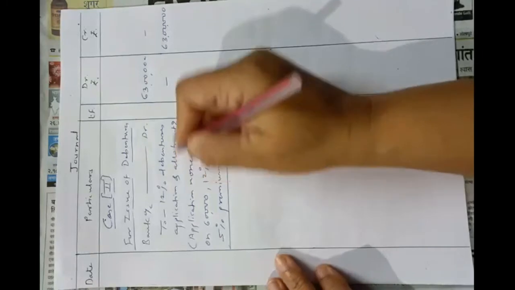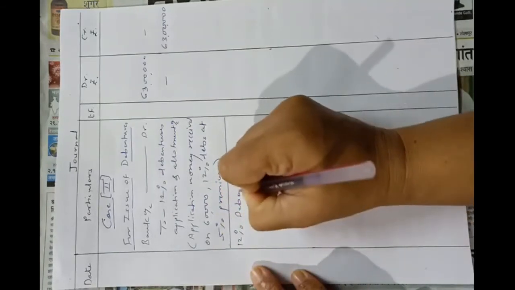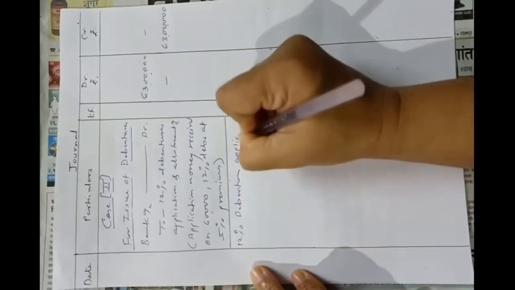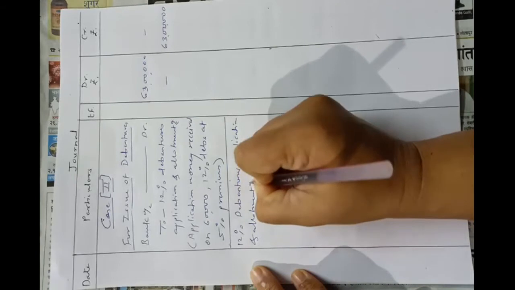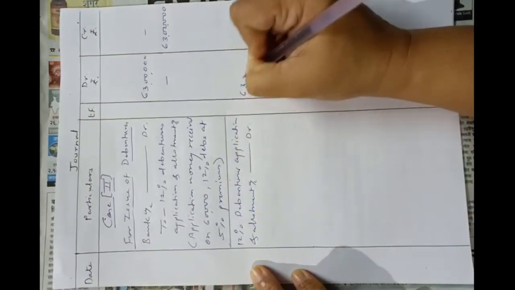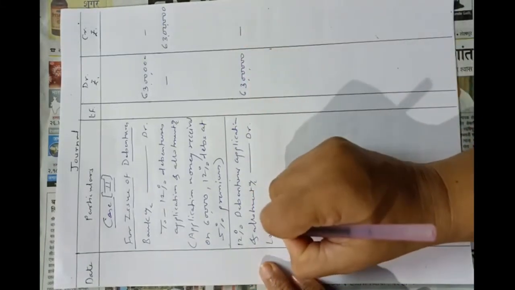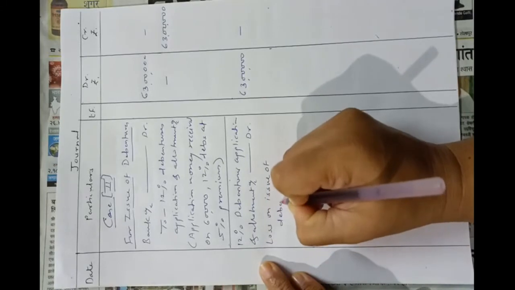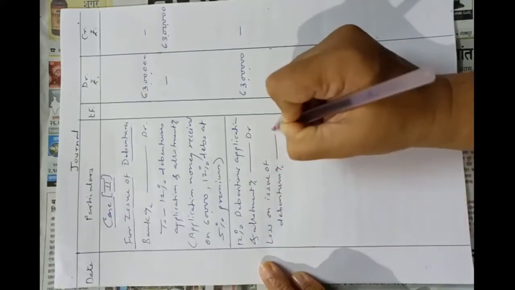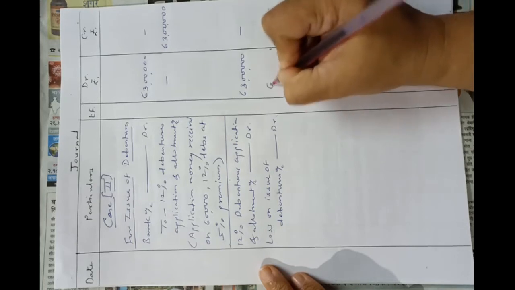Okay, so the entry will be 12% debentures application and allotment account debit 63 lakhs, loss on issue of debentures account debit, this is the premium repayable at the time of redemption, which will be 10% of 60 lakhs, so it will be 6 lakhs.